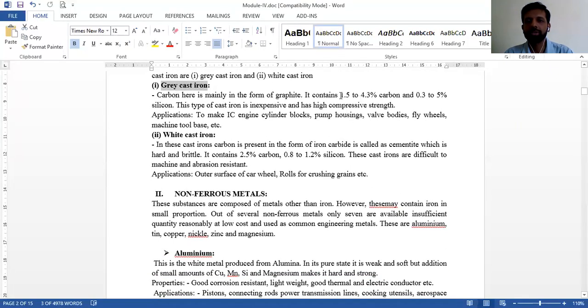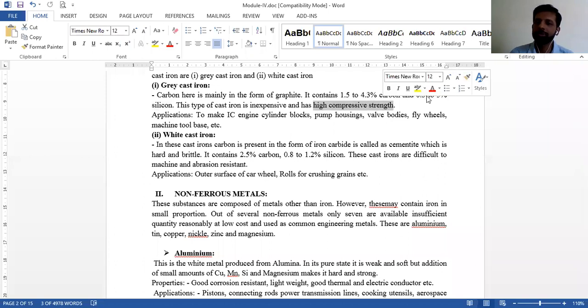So in gray cast iron, we'll have 1.5 to 4.3% of carbon, and a small quantity of silicon also, because it is not the pure form of iron. And this has a high compressive strength. So the more we compress this material, it is not going to decrease its height, or we cannot compress it so easily.